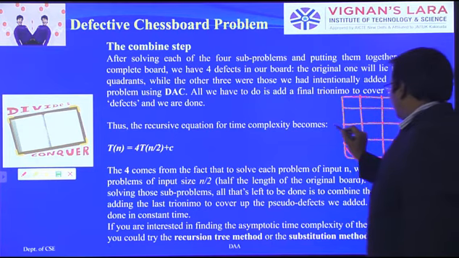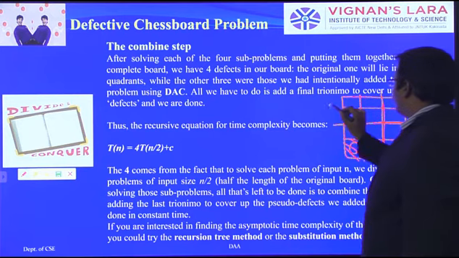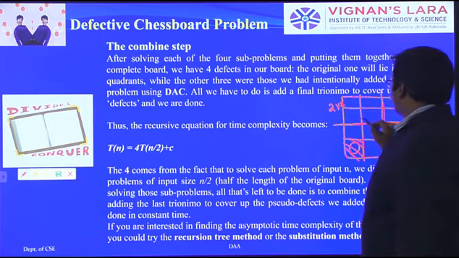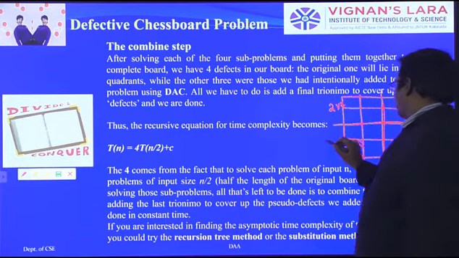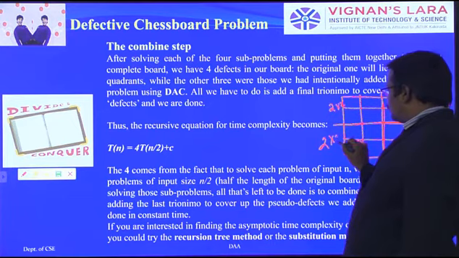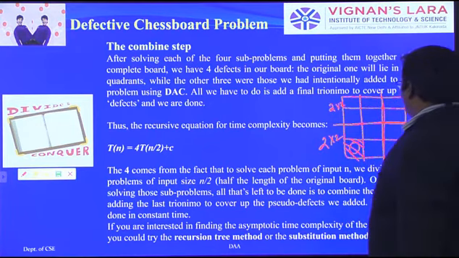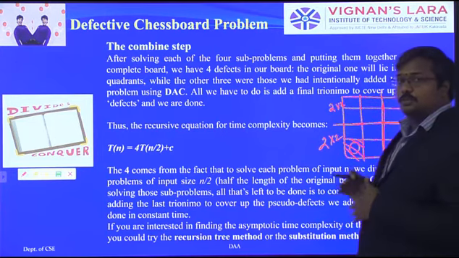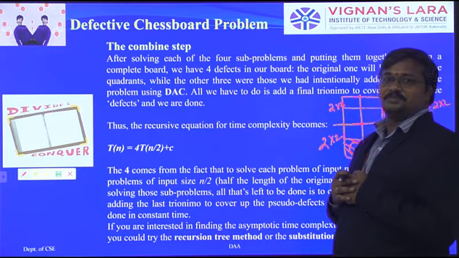But I am dividing the problem into smaller problems. So this is one 2 by 2 chessboard. This is another 2 by 2 chessboard. This is another 2 by 2 chessboard. This is another 2 by 2 chessboard. Right. So the four 2 by 2 chessboards have only one defective tile in total.